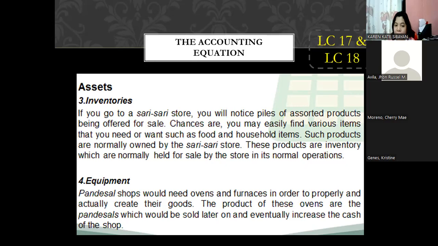So usually, pag sinabing equipment, these are things na sinasaksak. Okay? So mga equipment, it can be big, pero hindi naman sa lahat ng bagay na sinasaksak ha. Kasi iba rin yung supplies na tinatawag.